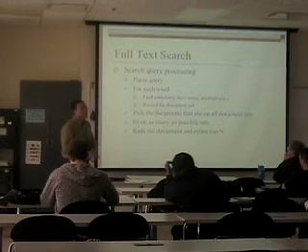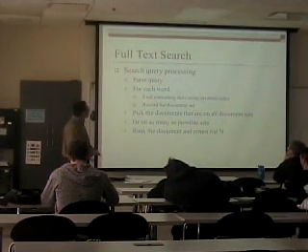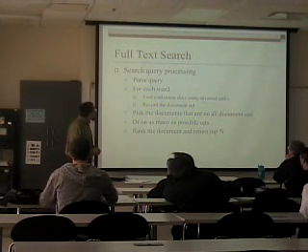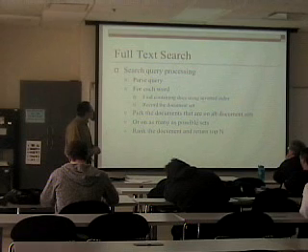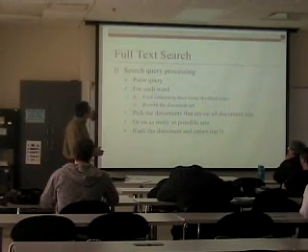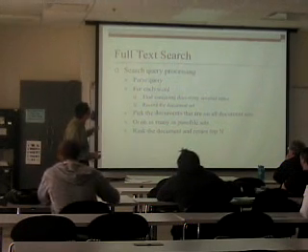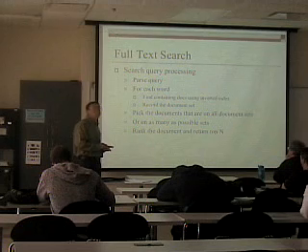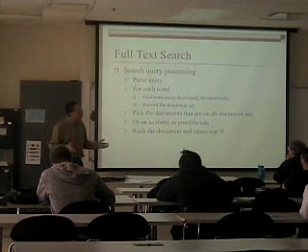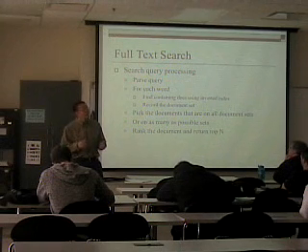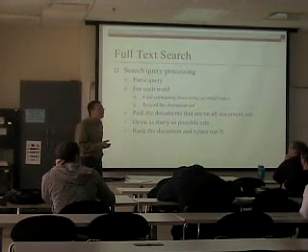Once you have these two indexes built, here is the process of how you actually get the search result. You parse the query first. There is a lot of science and a lot of work in just parsing the query, because you need to take out stop words, which you don't need to search for.